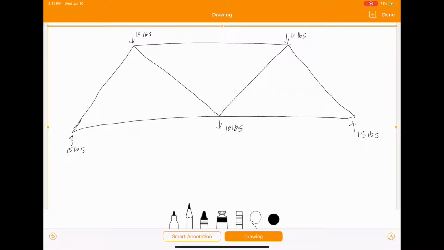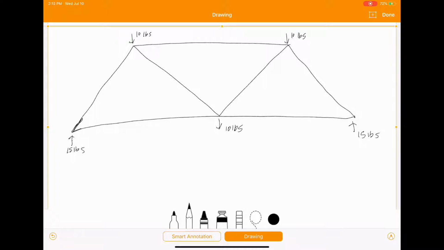Now, this trick is honestly the exact same thing as method of joints. You're just doing it to the entire truss rather than breaking down the truss and drawing each individual joint separately. You're just doing it on one thing rather than drawing out the multiple joints.